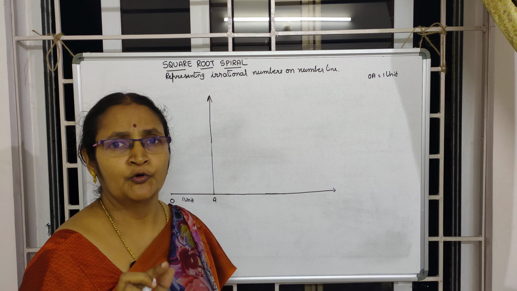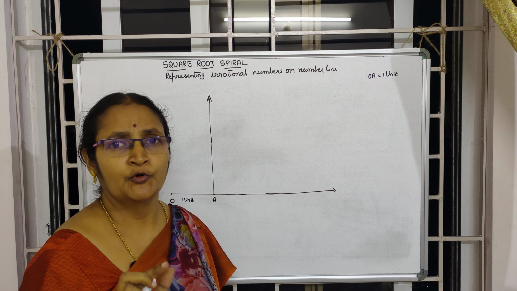Therefore, OC square equals OB square plus BC square. OB square is root 2 whole square plus BC square is 1 square. The square and root get cancelled. 2 plus 1, this is 3 square units. OC equals root 3.